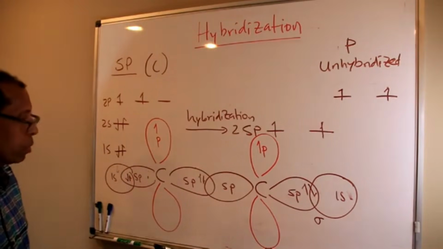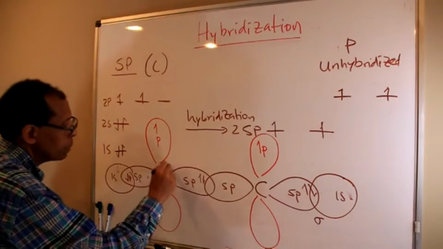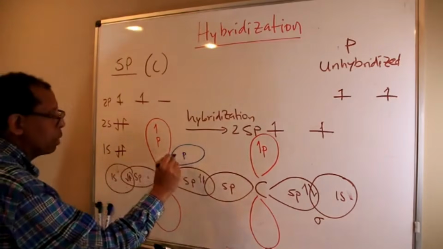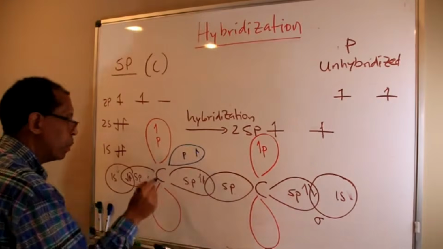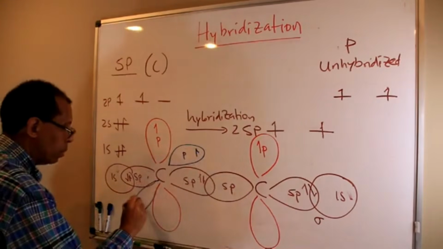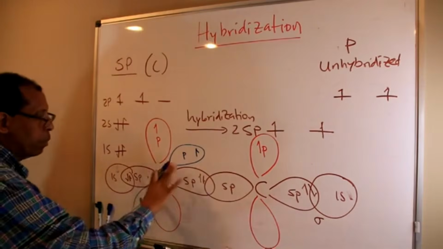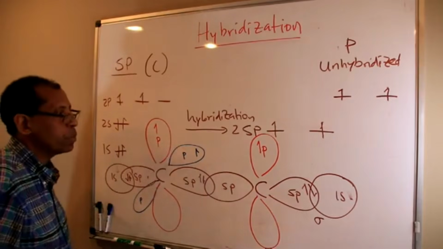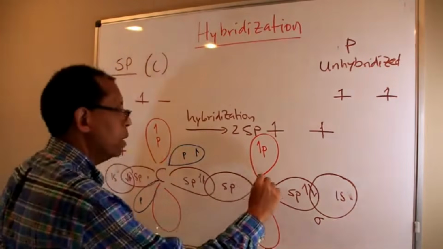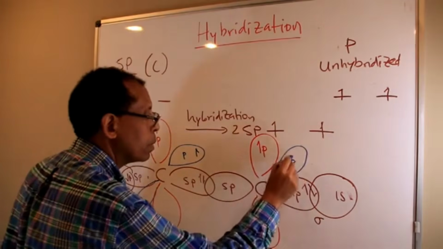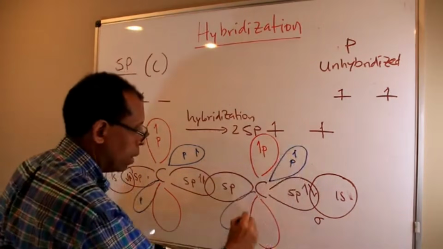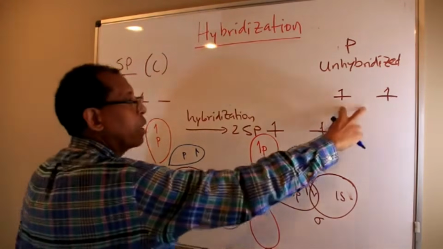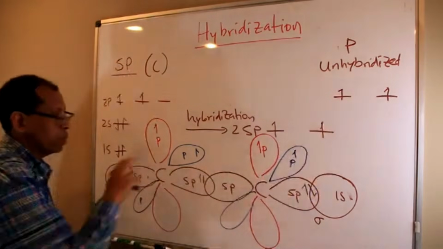Therefore, I will just draw this. It's 90 degrees to this p orbital with one electron here. So this p orbital and that p orbital are 90 degrees to one another. This one also has a p orbital. So they look like this.